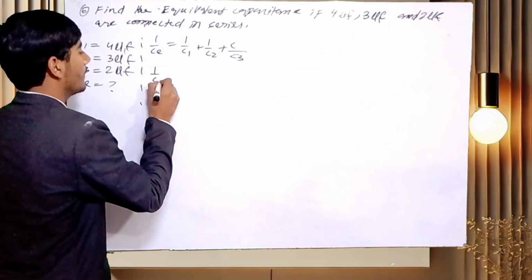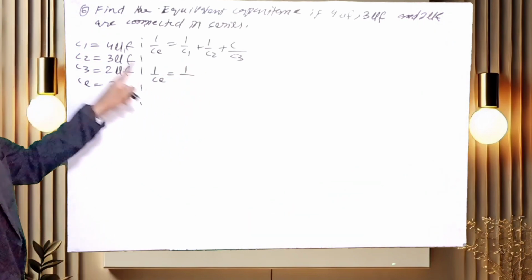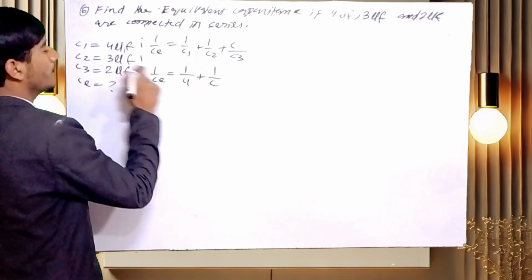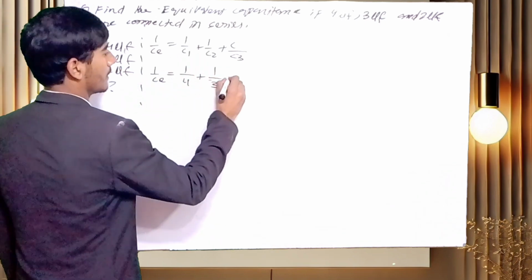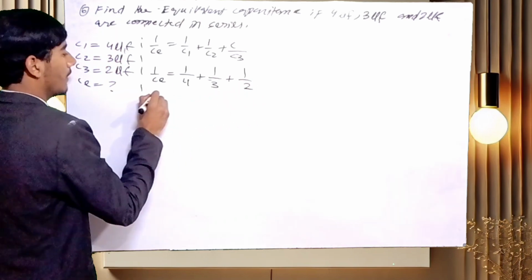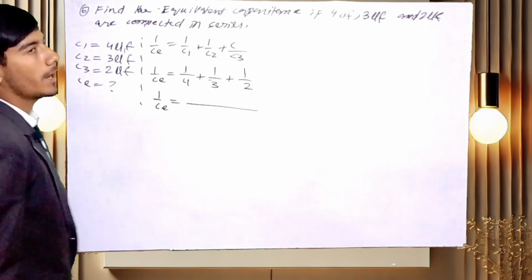1 upon CE is equal to 1 upon C1, which is 4 microfarad, plus 1 upon C2, which is 3 microfarad, plus 1 upon C3, which is 2 microfarad. Now I am going to take the LCM of 4, 3 and 2.